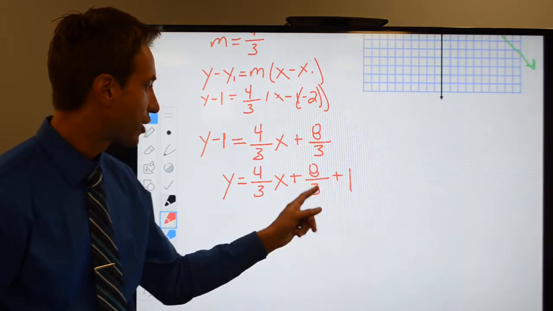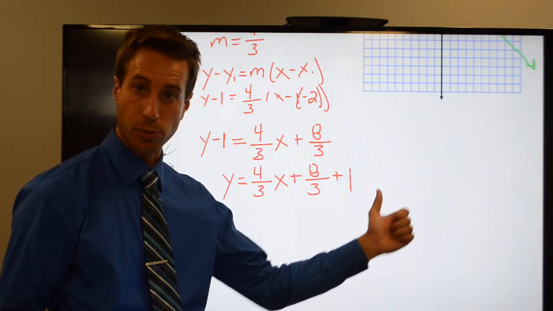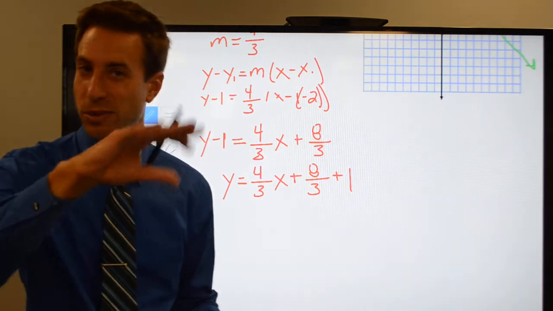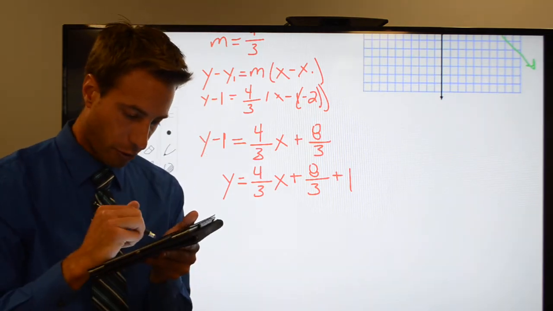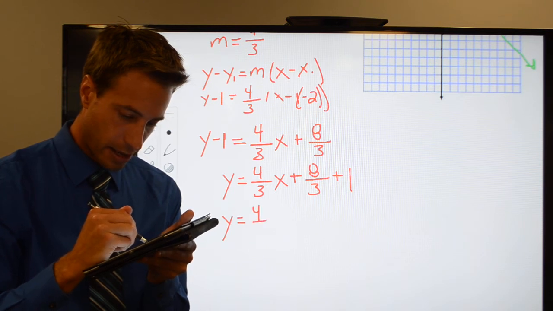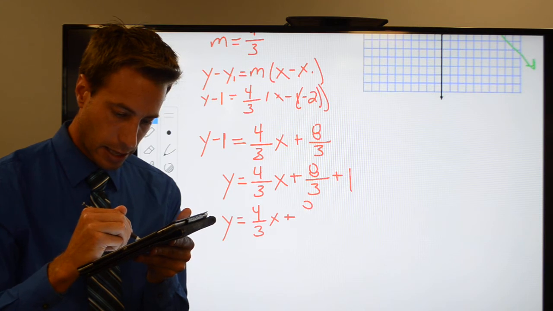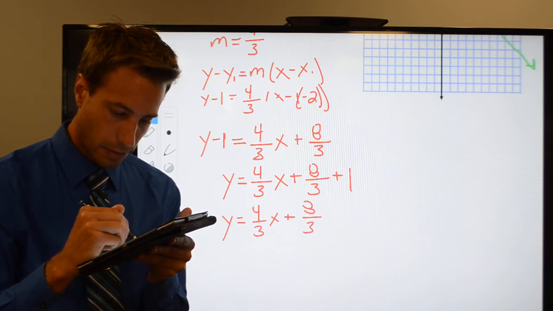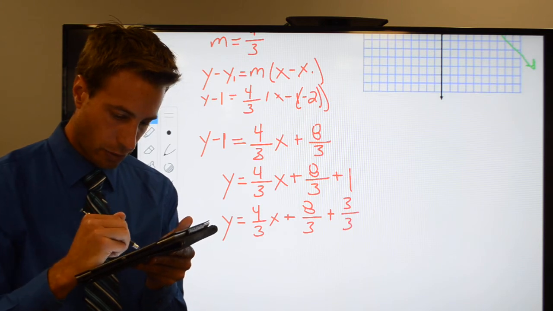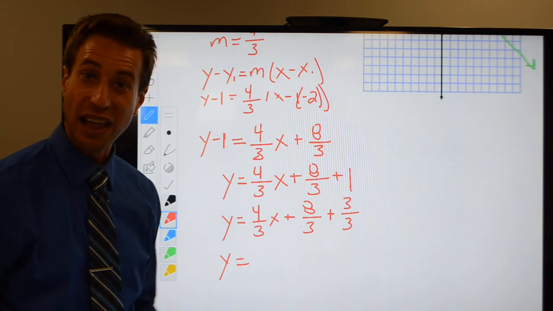And in order to add fractions, I need a common denominator. This one's easy. In order to put a 3 in the bottom, I also have to put a 3 in the top. 3 times 1 is 3, so I'm just adding 3/3. In fact, you might even be able to do that math in your head, but I'll write it out for you anyway. So plus 8/3 plus 3/3. Oh, look at that. We wind up getting 11/3 again.